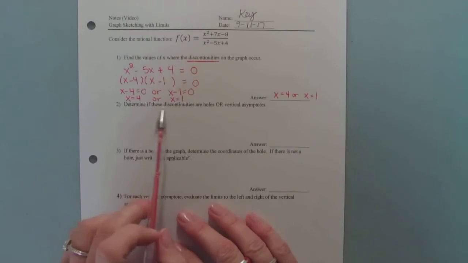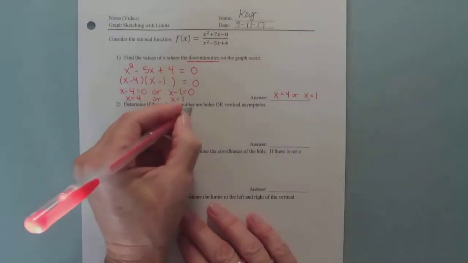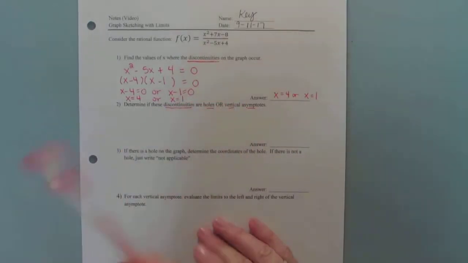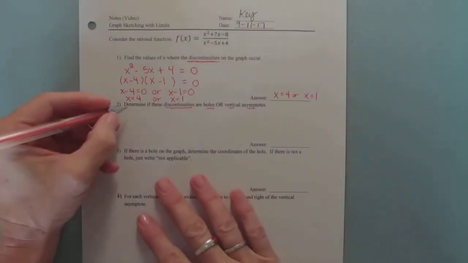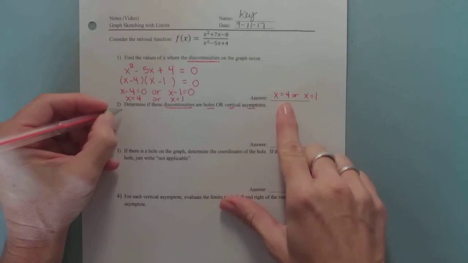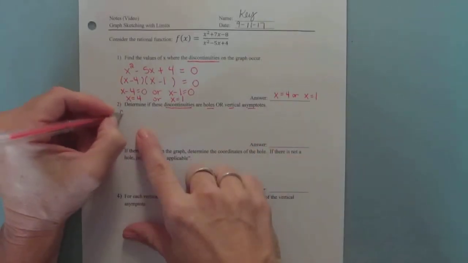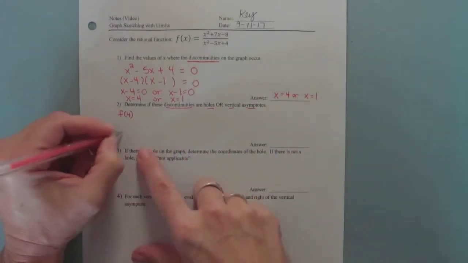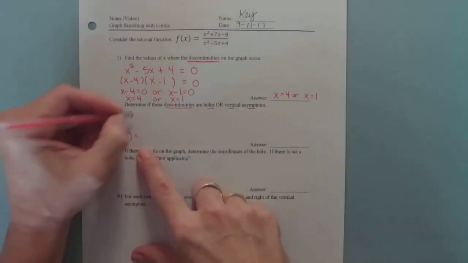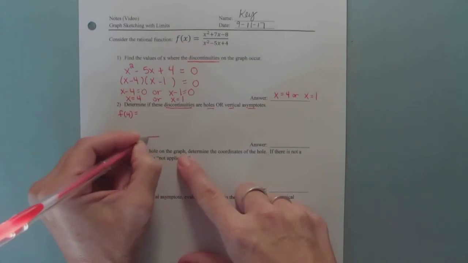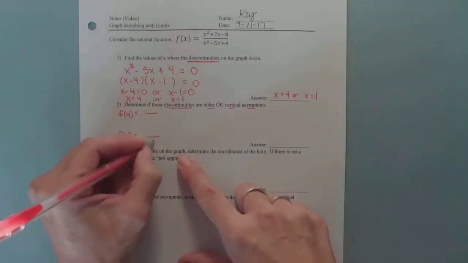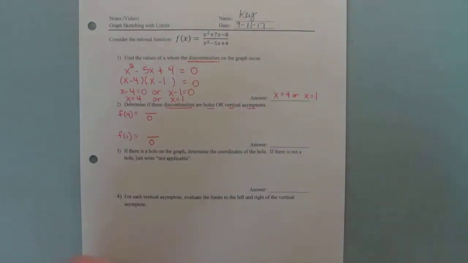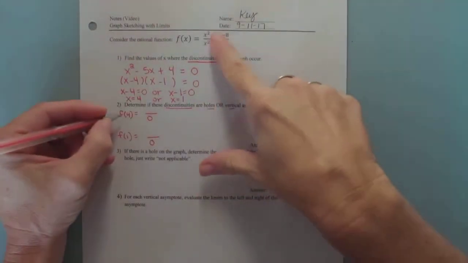Okay, so put that on the answer line, x equals 4 or x equals 1. Great. Number two, determine if these discontinuities, there's that word again, are holes or vertical asymptotes. We addressed this in our last video. So I'm going to plug x equals 4 into my function, f of 4, and I'm also going to plug 1 in, f of 1. I know those values of x make the denominator 0, so I can just put the zeros on the bottom right away. I'll have to plug into my numerator.